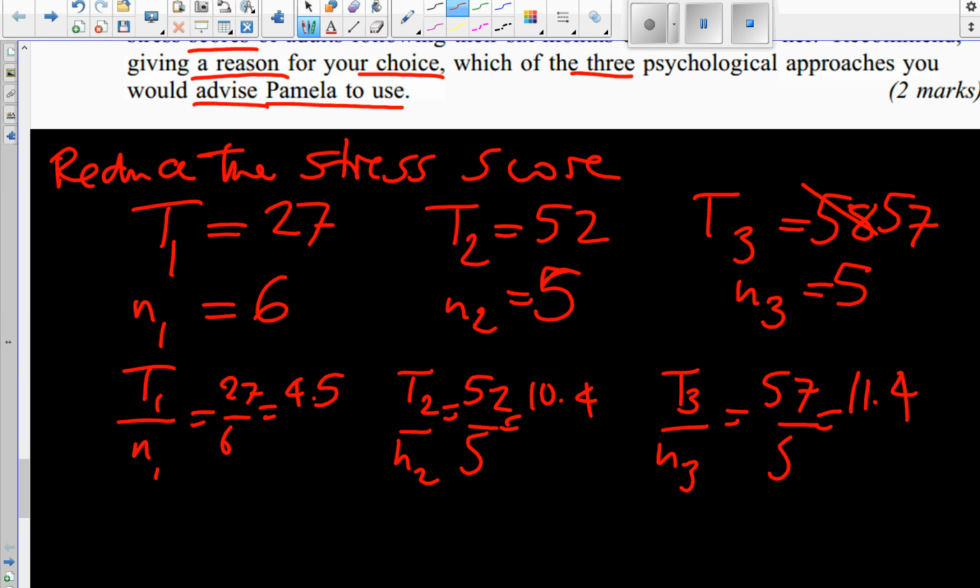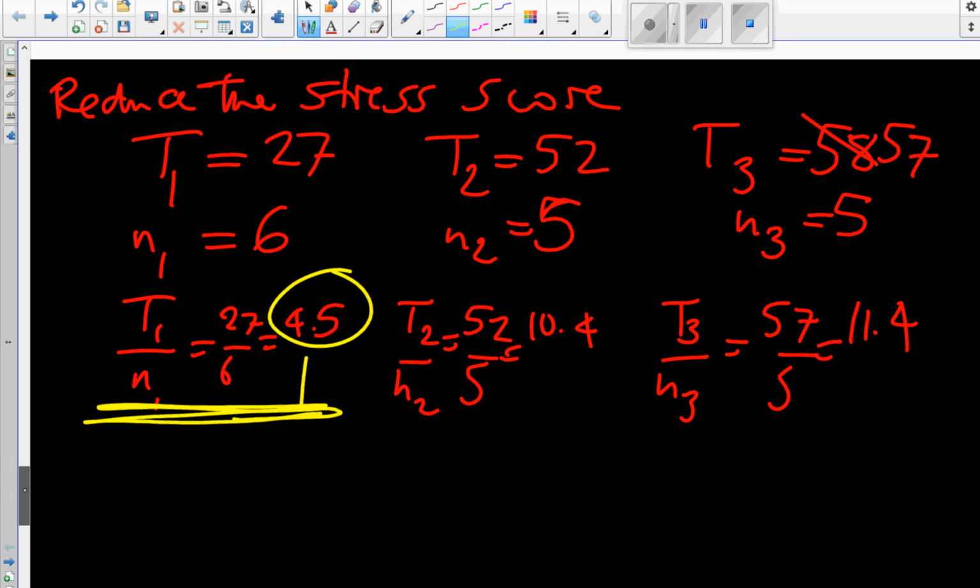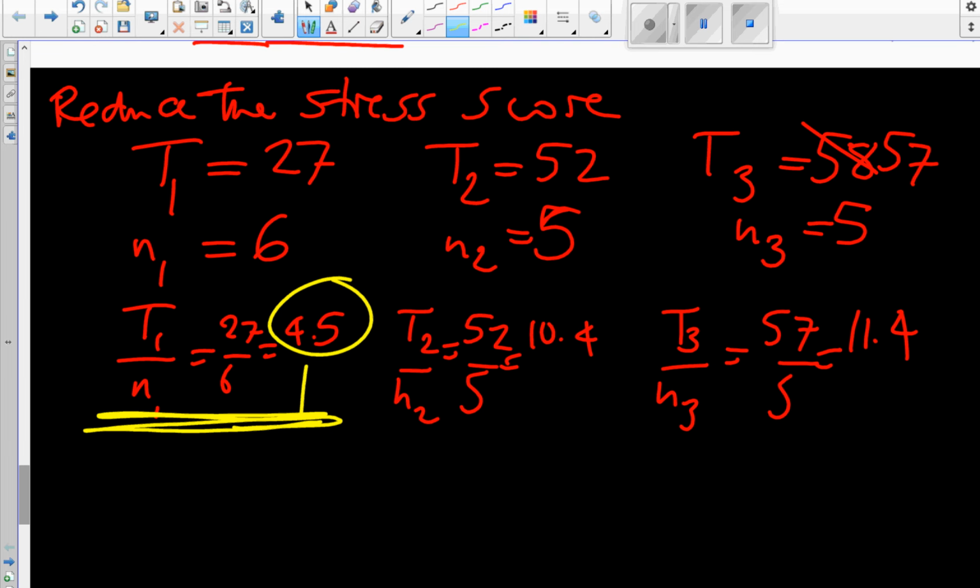Okay, so we can see here that T1 has a significantly lower average ranking. Because we matched that to stress scores, it's got a lower stress score. So we would recommend using treatment 1.